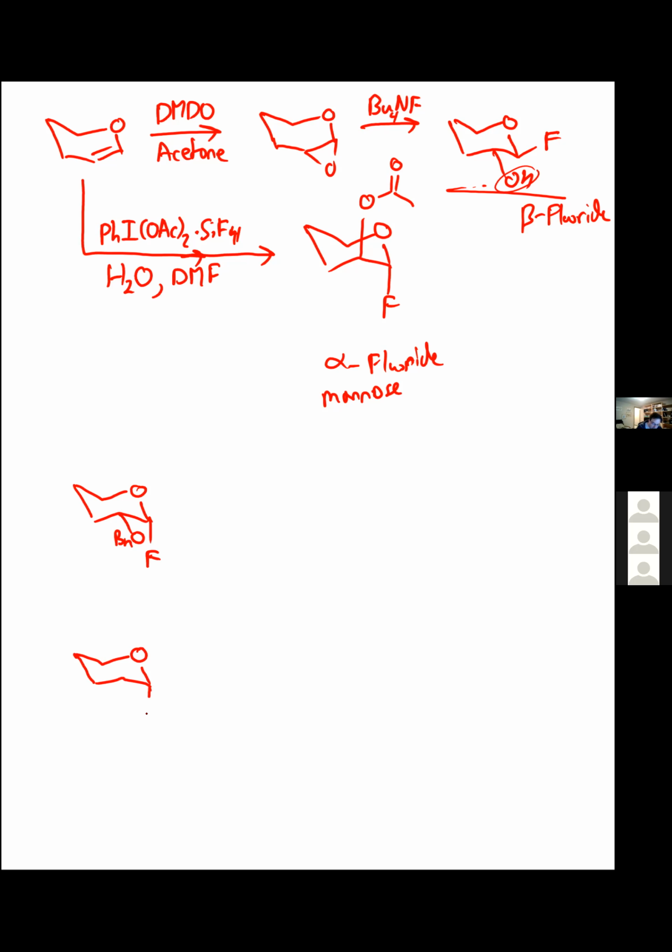is I would have taken the anomeric bromide that we talked about making a couple classes ago, treated that with tetrabutylammonium bromide. And what we know is that goes to the beta bromide. And then I would have added a fluorine source in here.